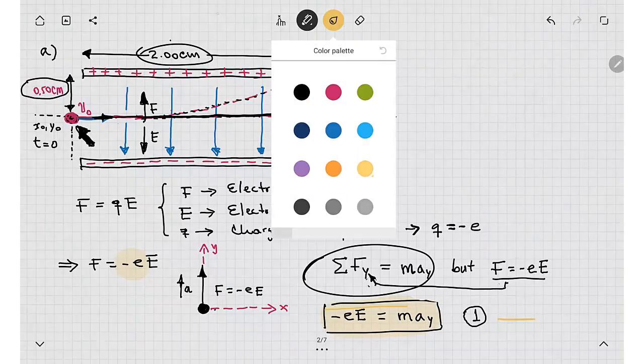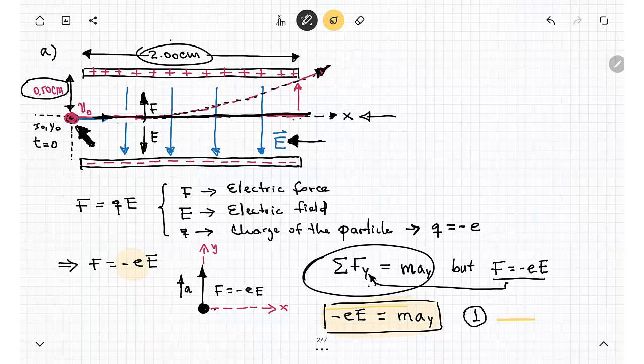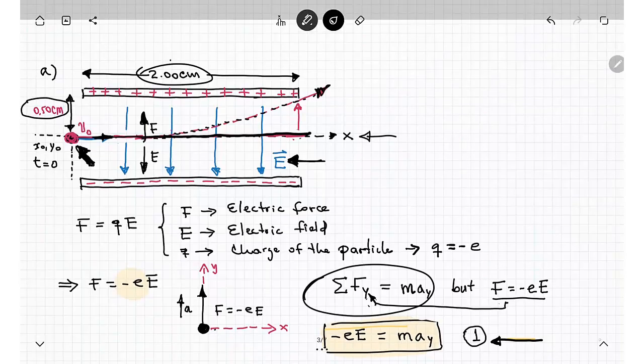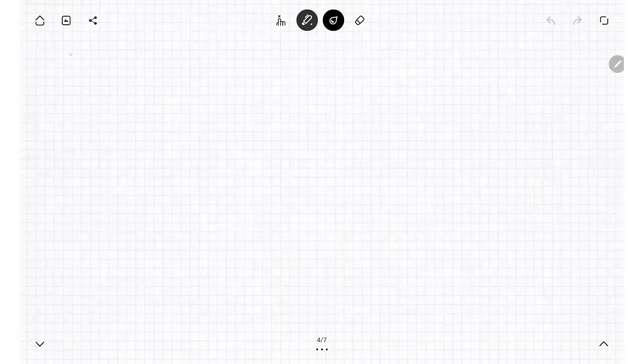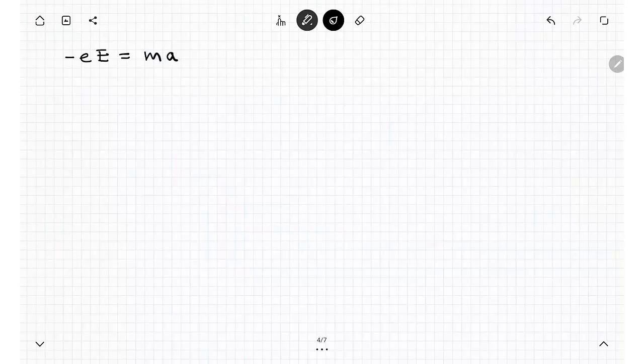Minus E multiplying the electric field is equal to the mass multiplying the acceleration. The electric field is on the y-axis, so the acceleration is going to be on the y-axis because the force is on the same axis.